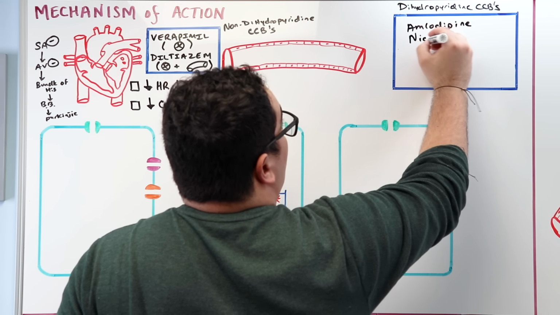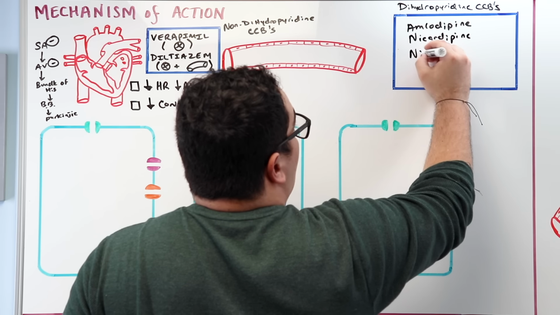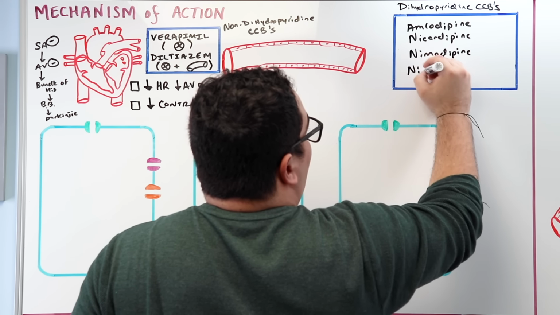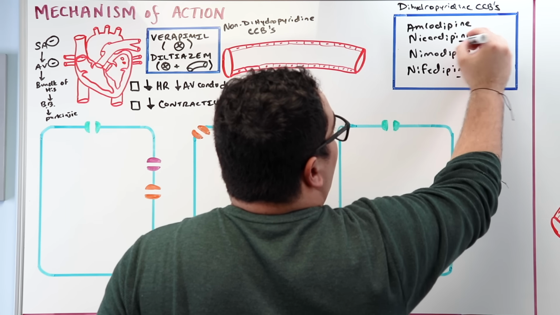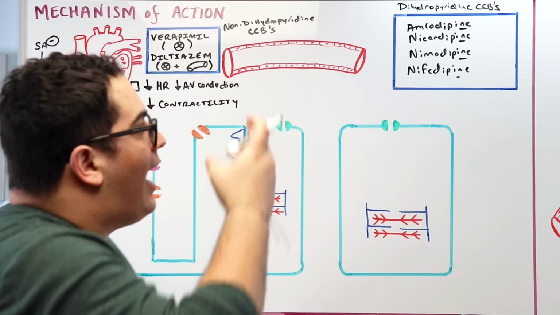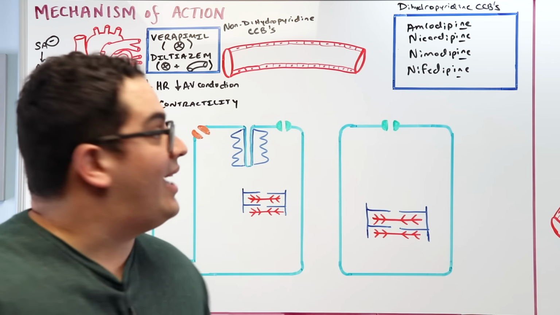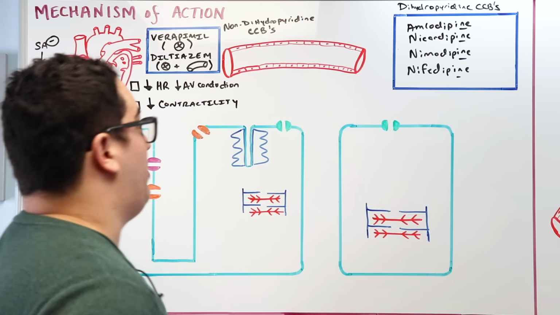Another one is called Nicardipine. Another one is called Nimodipine. And another one is called Nifedipine. If you forget their names, just remember that they end in that dipine component. So Amlodipine, Nicardipine, Nimodipine, Nifedipine.